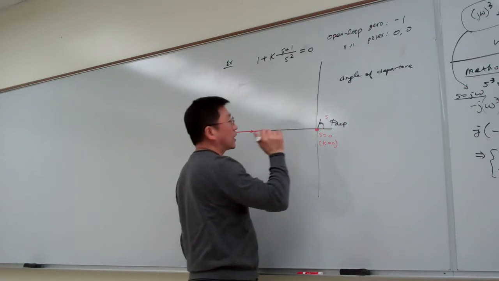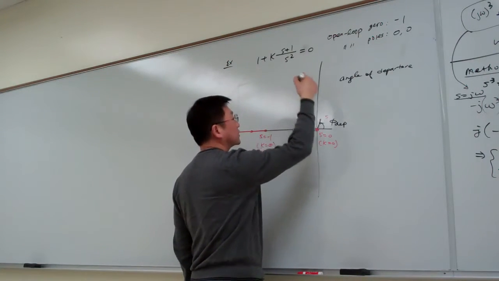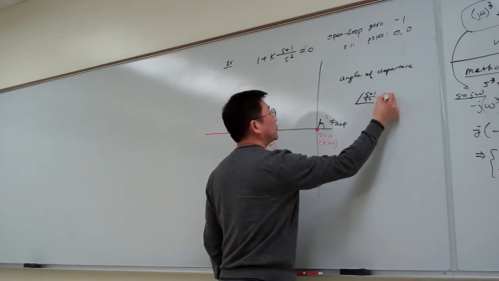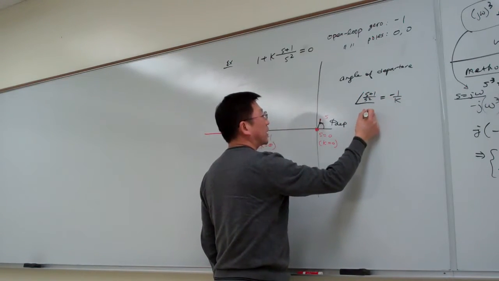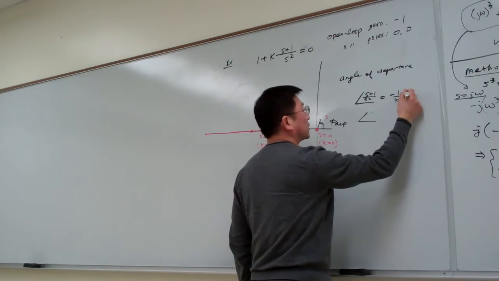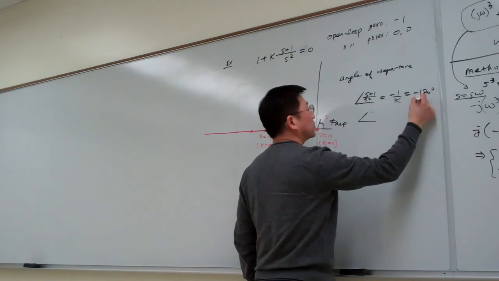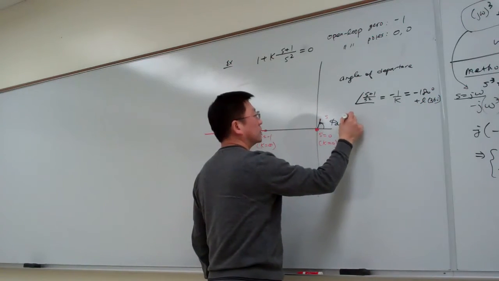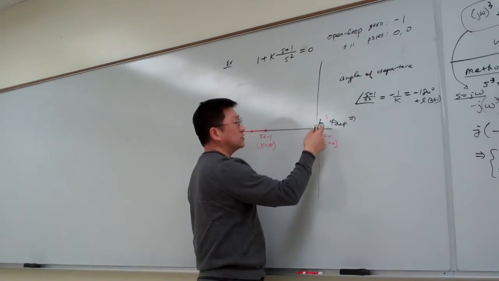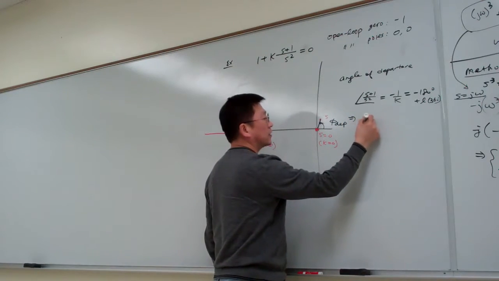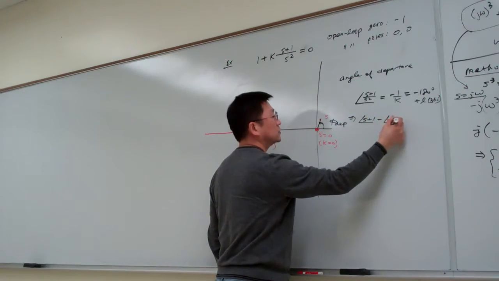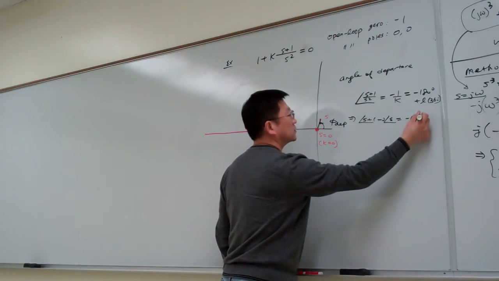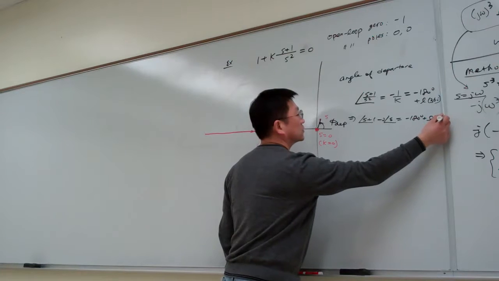Stick with this. And we know that for this case, the angle of (s plus 1) over s squared equals minus 1 over k. So that means this one is minus 180 degrees plus L times 360 degrees. Okay. So now for this case here, we have locally this one minus 2 times the departure angle, and equal to minus 180 degrees plus L times 360.